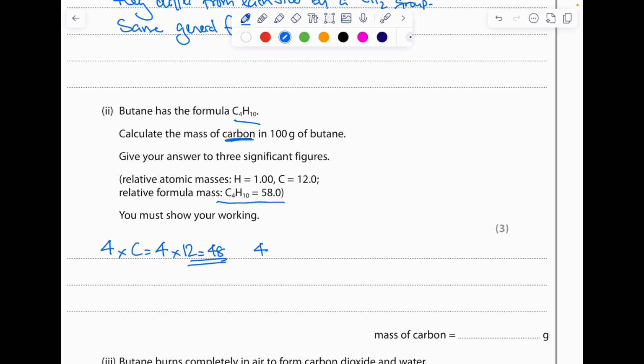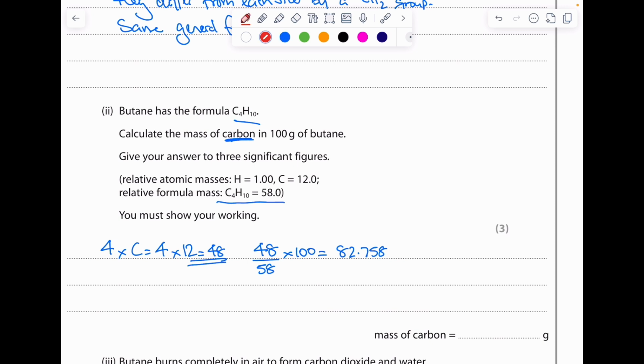So if I do 48 divided by the total mass of 58 and then multiply it by 100, I'm getting an answer. Let's just put it into my calculator. I'm getting an answer here of 82.758, and so on.